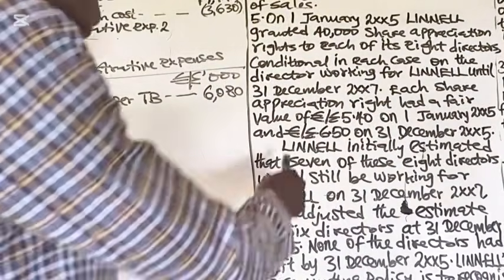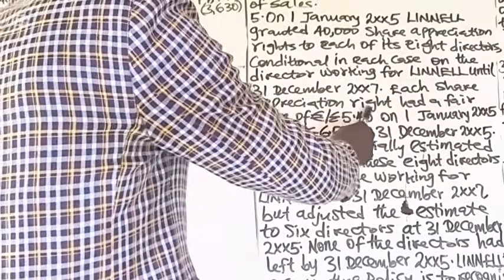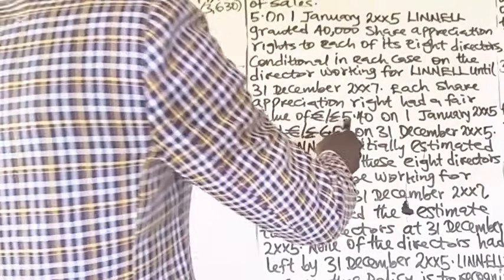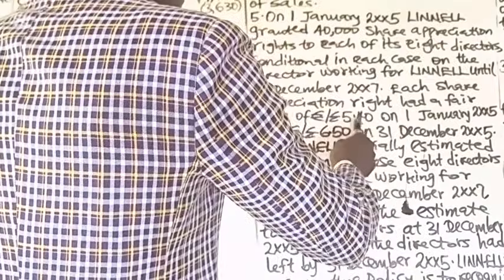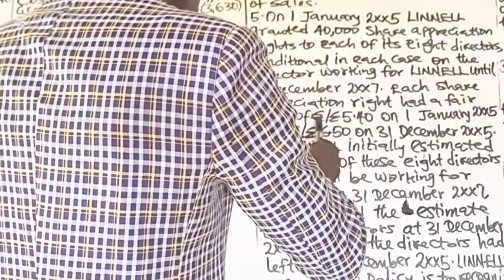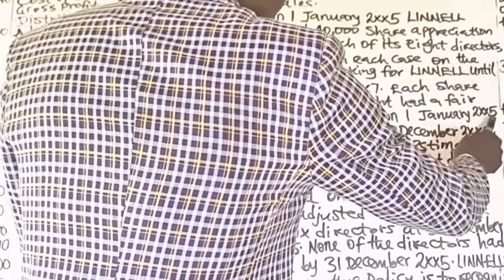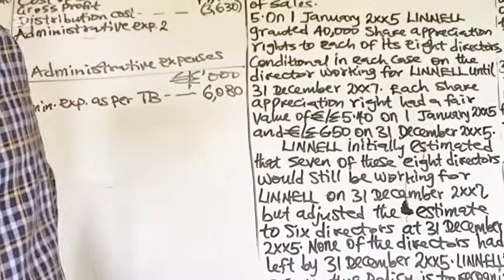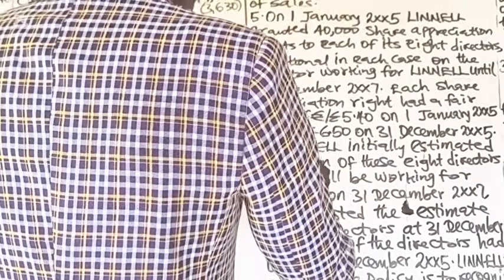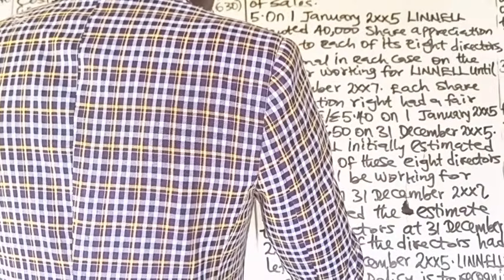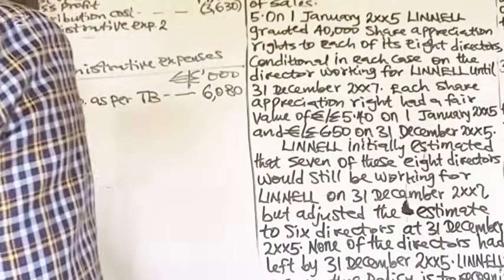Each share appreciation right had a fair value of €5.40 on 1st of January 20X5 and €6.50 on 31st of December 20X5.